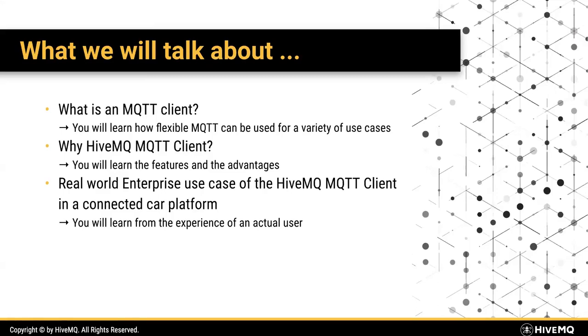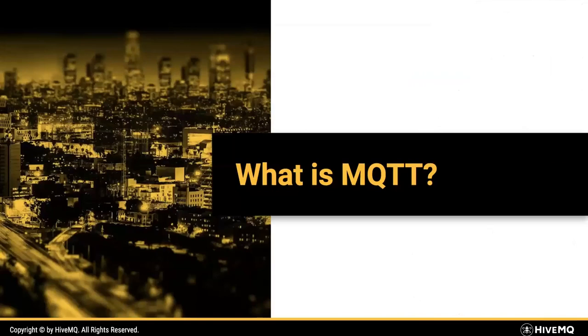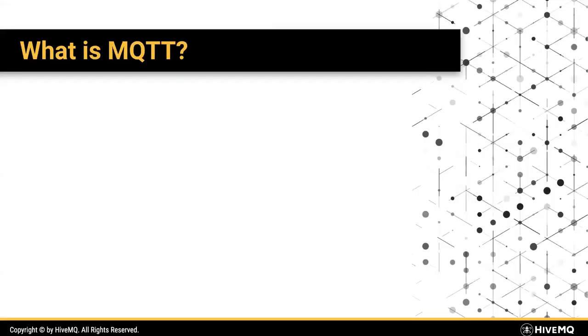So let's start. First, a quick introduction to MQTT. Probably you know about MQTT already. Just the most important points here. It's a communication protocol that works with the publish-subscribe pattern.